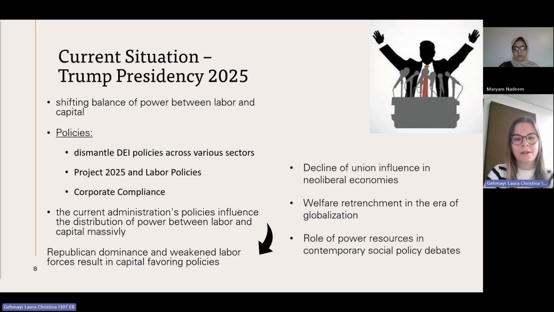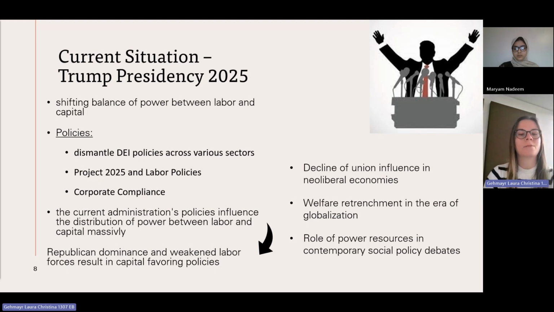That's a drastic shift in power away from marginalized labor groups and towards employers and traditional corporate interests. Explained through power resource theory, this is a move by capital to weaken organized labor and employee protection. It reinforces existing inequalities.